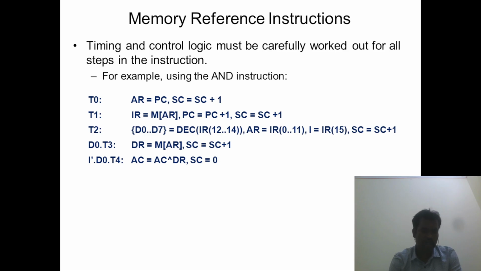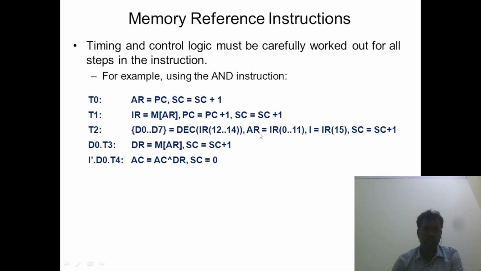It will get the instruction into IR, and PC is incremented, because it is then readily available for fetching the next instruction. First, instruction fetching is over. The first step is just calculating the address. The next step is fetching, and it is readily pointing to the next address. And now the sequence counter is 1.